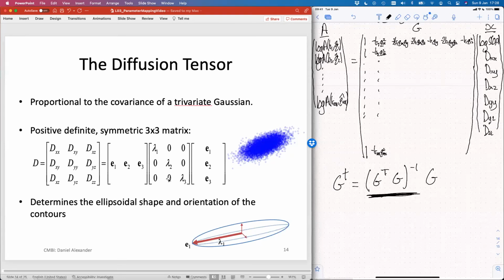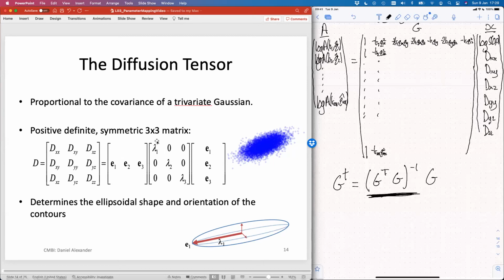We can derive an eigensystem from D, and so it gives us 3 eigenvalues, and those eigenvalues are the relative lengths of the major and minor axes of these ellipsoidal contours of the dispersion distribution.